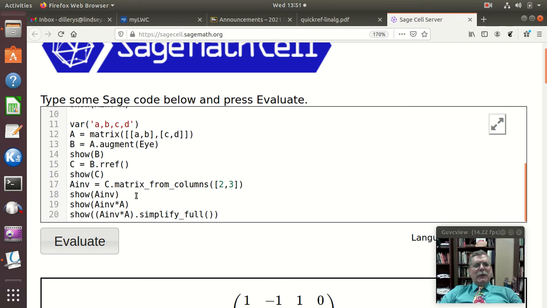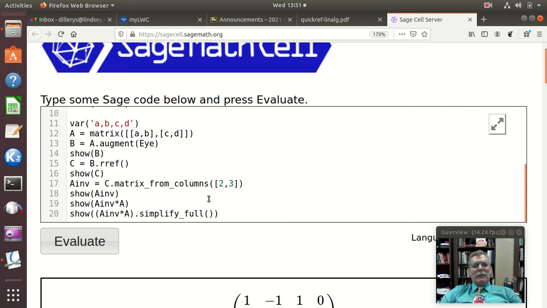So I just copied and pasted it down below here, did exactly the same things. Here, notice I've got A inverse, and then A inverse times A, and then in parentheses, and then I tell it to simplify full.